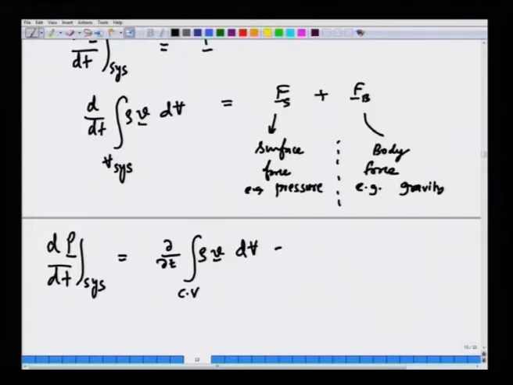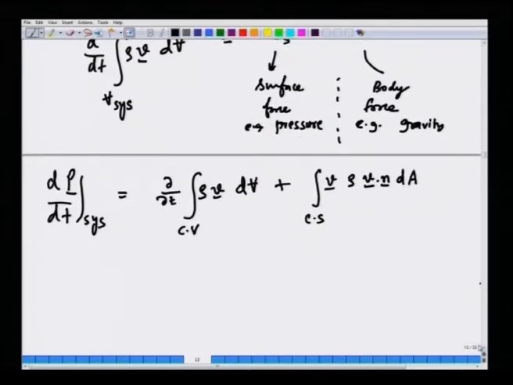Plus the flux of momentum in and out of the control volume through the control surfaces, rho V dot n dA. This is the time rate of change of momentum of the system written in terms of the control volume variables, which is most convenient when we try to do problems using integral momentum balance.